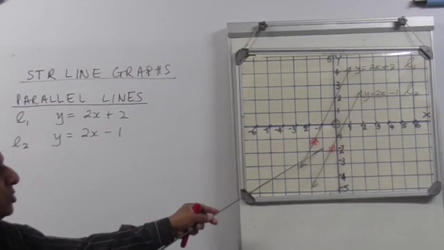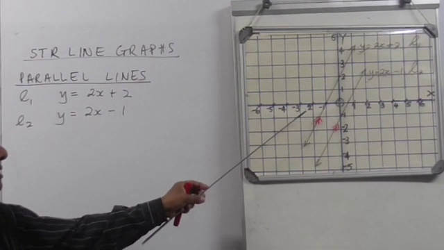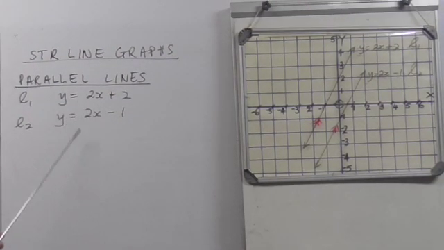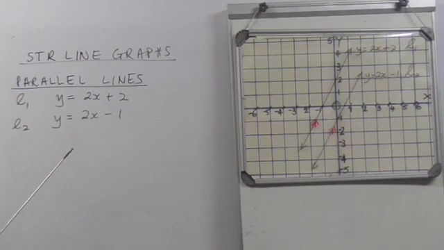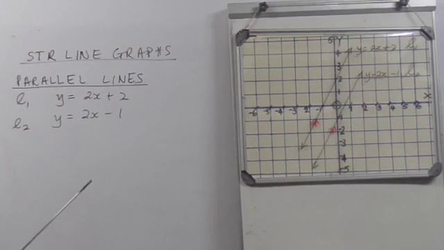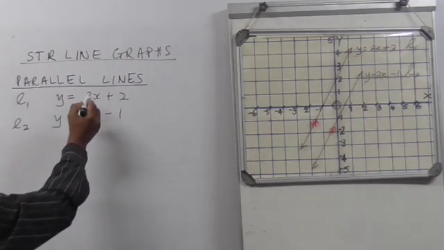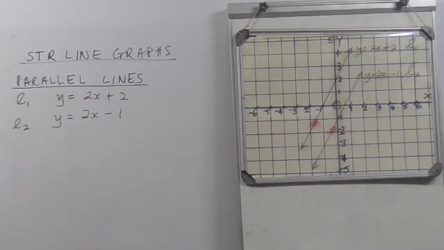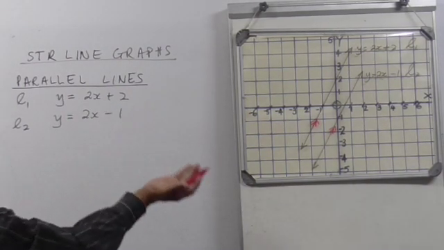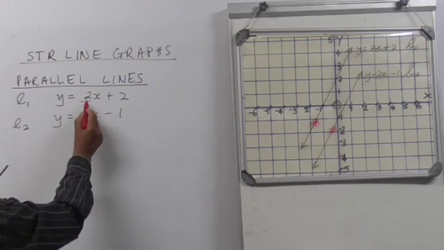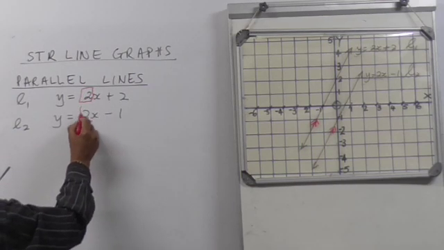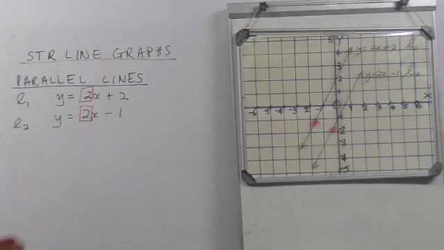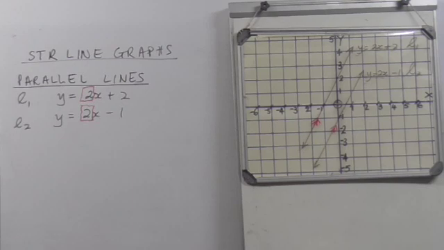You can use geometry and prove it's parallel, but if you look at the two equations, you will find that these are different, so that doesn't tell you anything. But if you look here and here, you will find that the gradients are the same.